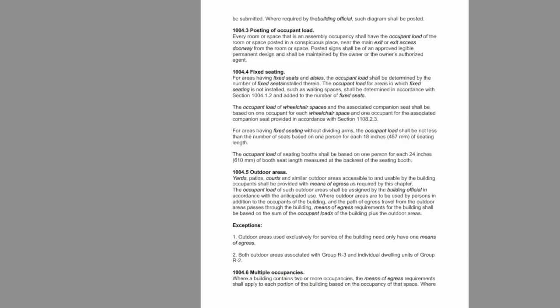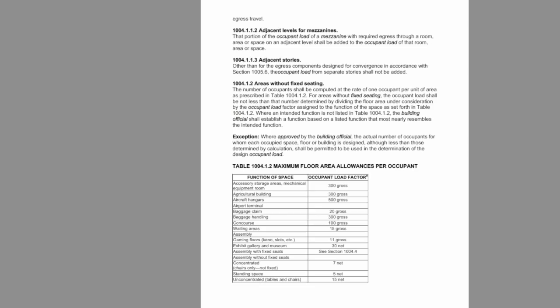So now I'm going to go zooming way back up all the way through that code. And when we're in that section, here we are: Table 1004.1.2 is the maximum floor area allowances per occupant.